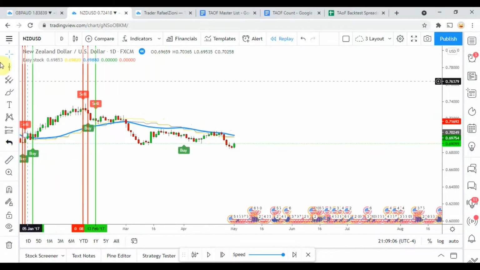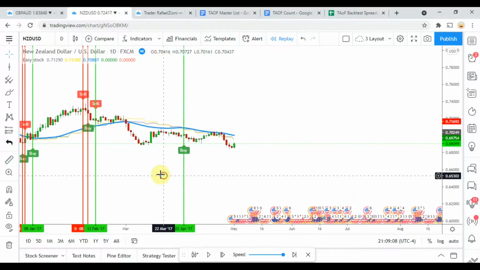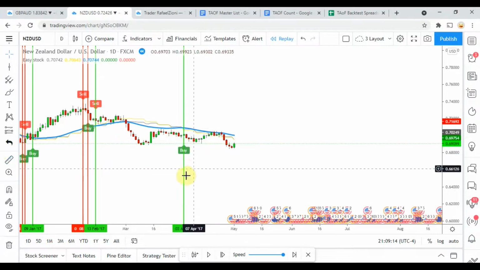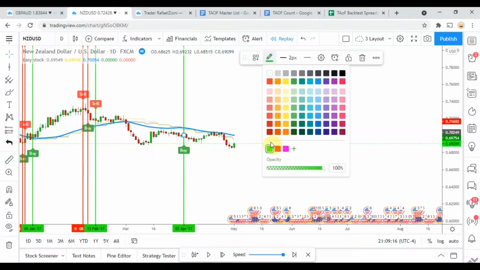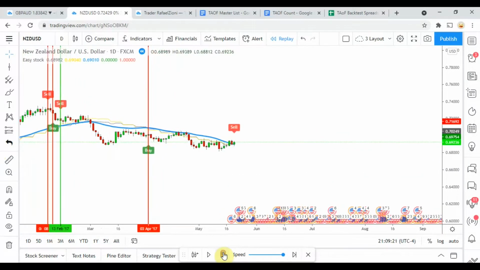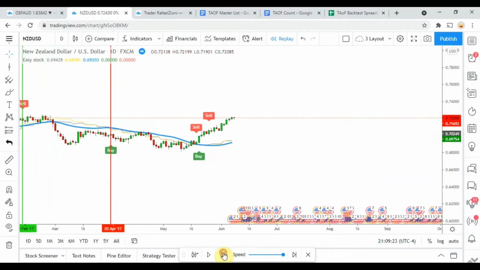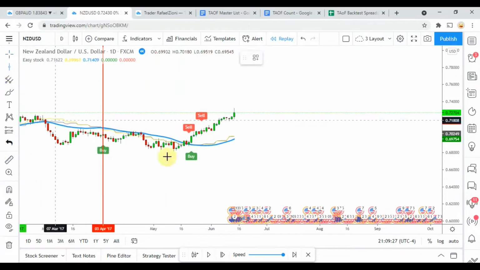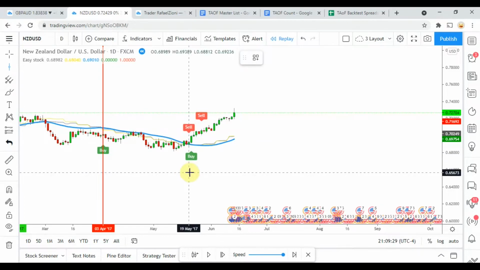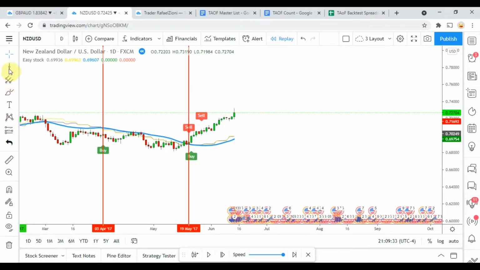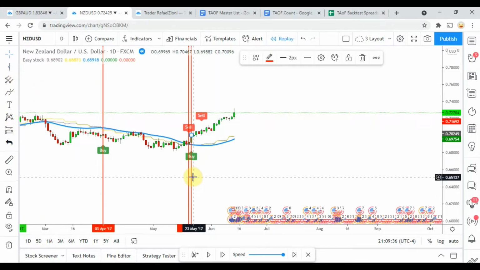Pick up a buy signal right there. That one looks like it gets us stopped out. Just double check here. Yep, it sure does, getting us stopped out there. Continue on with it now. See, it picks up these clusters of buys and sells all in the same general area, which is a little problematic, it seems like.